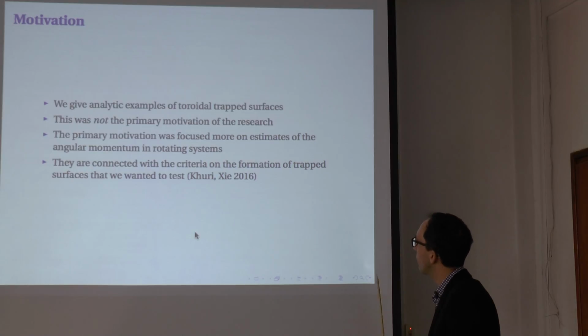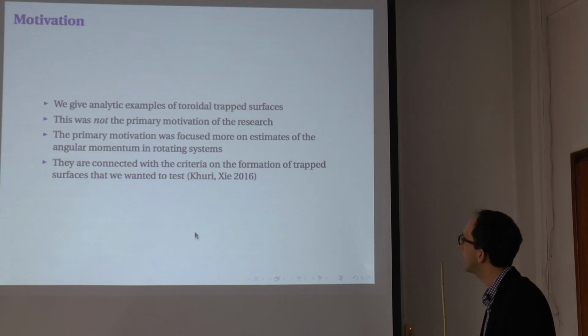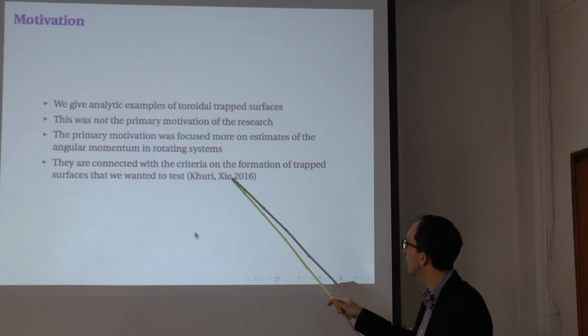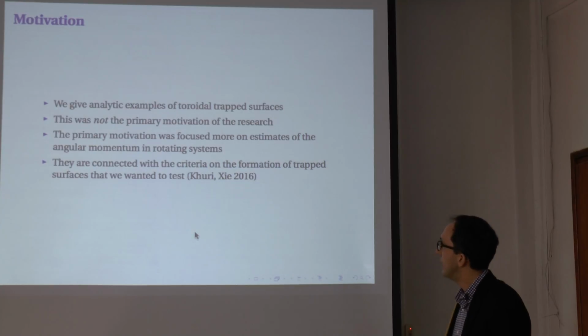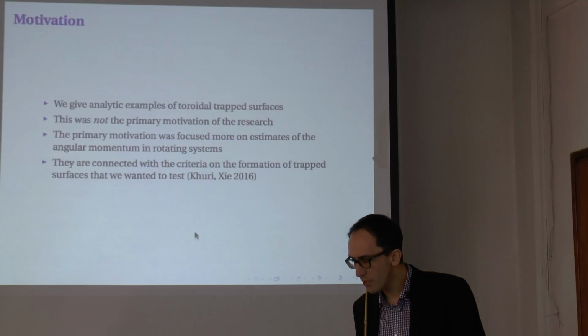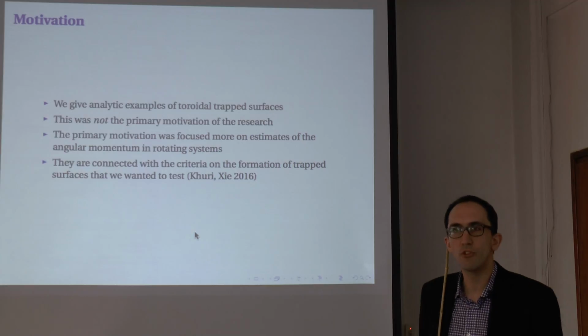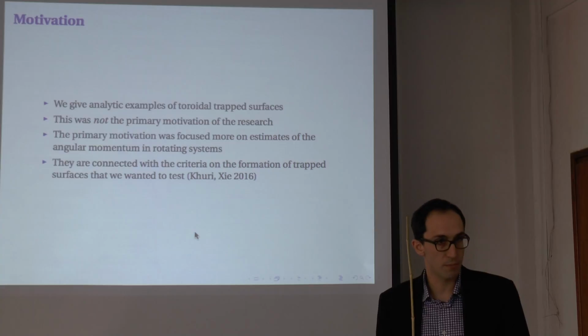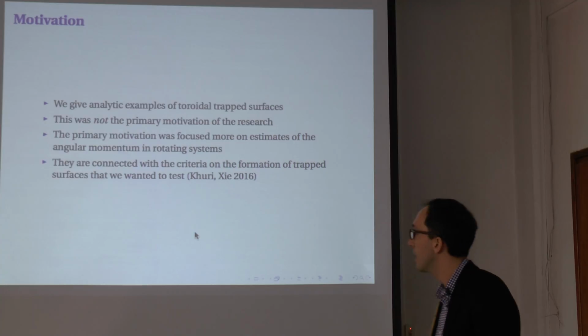And especially we wanted to test the criteria and the estimates that were given quite recently by Khoury and by Naching Si. It turns out that such results on angular momentum are obtained jointly together with some criteria on the formation of trapped surfaces.